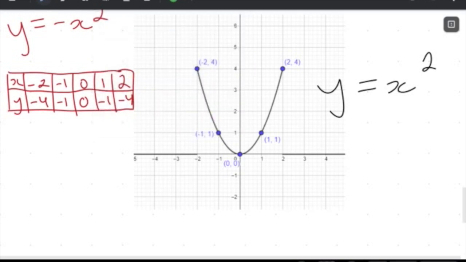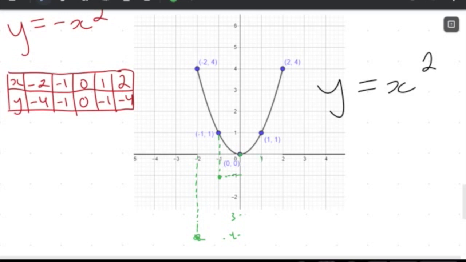So when x equals negative 2 here, my y is going to, whoops, I don't have many points here. Let's say that's 3 and 4. So my y is going to be negative 4. When x equals negative 1, y equals negative 1 here. When x equals 0, y equals 0 here, so my 0, 0 point, my origin remains.